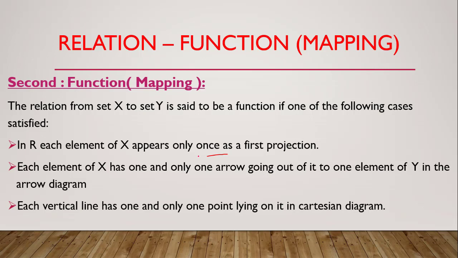Sorry. So each element appears only once as a first projection. Also, if you draw the arrow diagram, each element of X has one and only one arrow going out of this element to one element of Y. If you draw a Cartesian diagram, each vertical line has one and only one point.